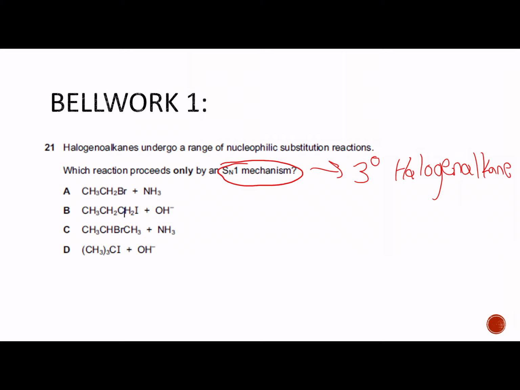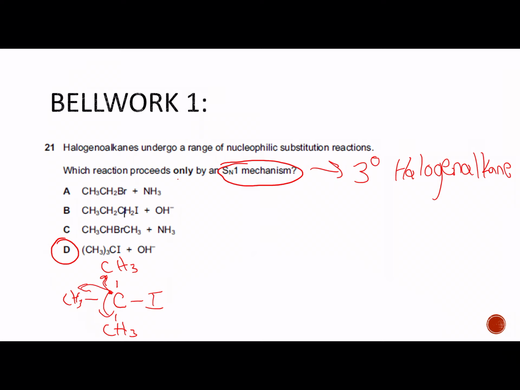Well, if you got the answer right, you got that it was D. If you look at D and you expand it, CH3, CH3, CH3, this is a tertiary halogen alkane because the carbon that has the halogen has 3 carbons directly connected to it, which means that it forms a carbocation quite easily in comparison to the rest.